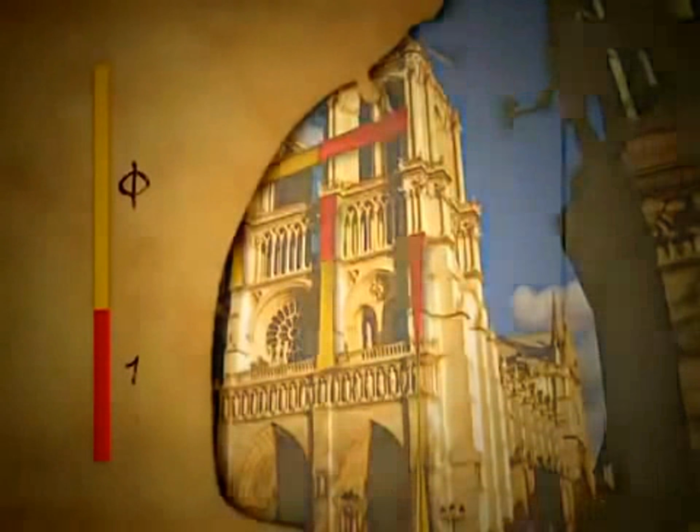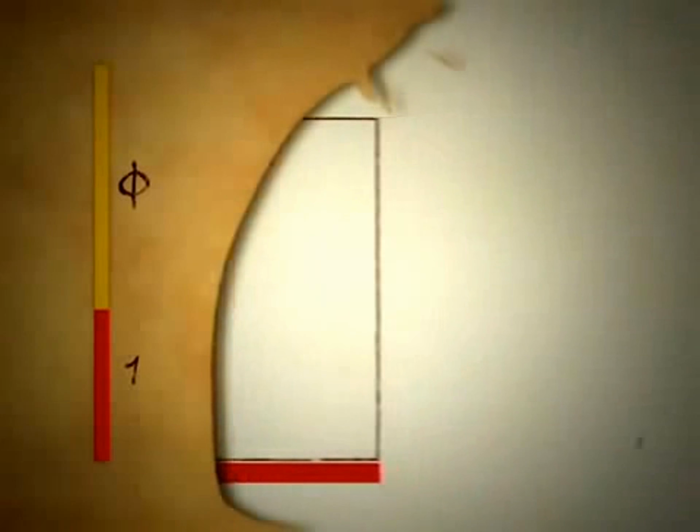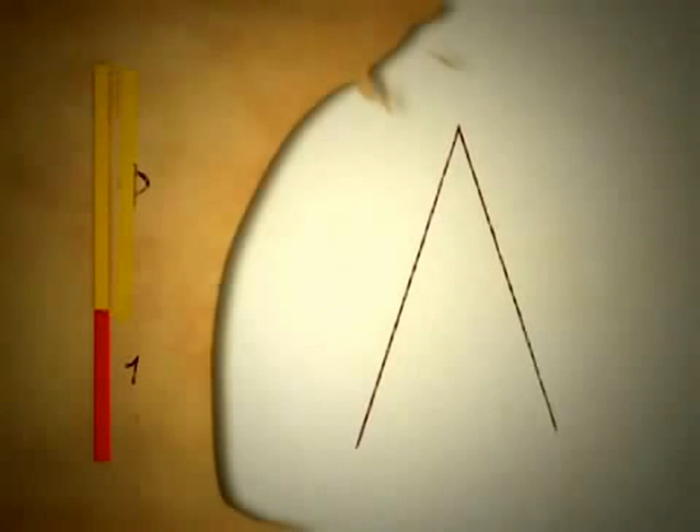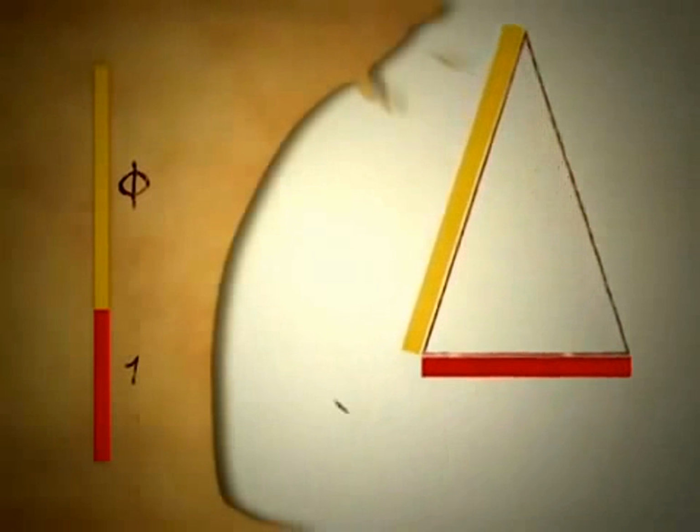A rectangle, in which the proportions of its sides correspond to the golden section, is called a golden rectangle. Similarly, isosceles triangles, in which two sides are in this proportion, are termed golden triangles.